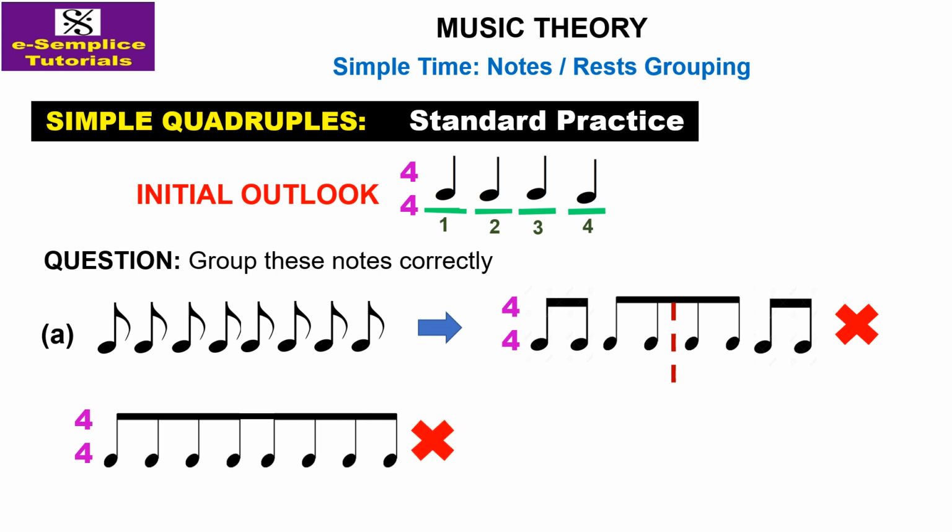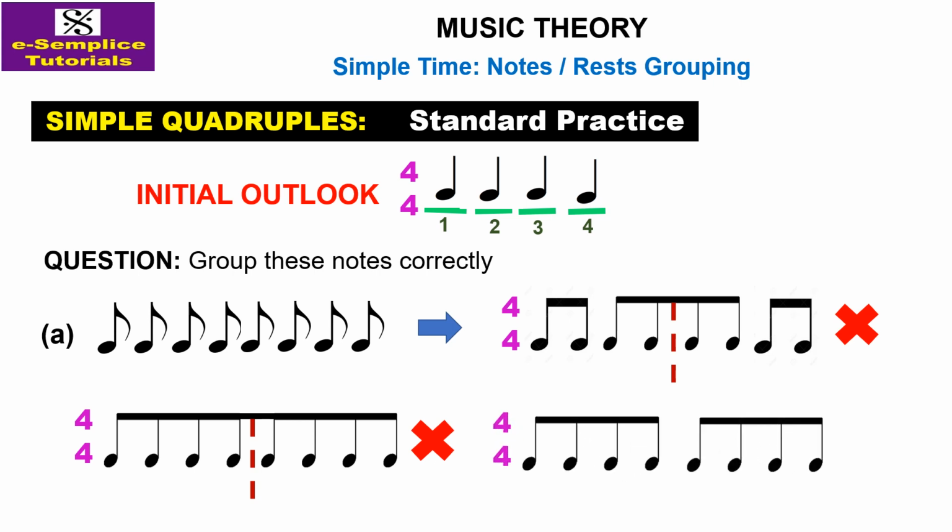Of course, it is wrong. Why? The middle of the bar is blocked. What is the correct grouping? You can see here, the middle of the bar is not blocked.